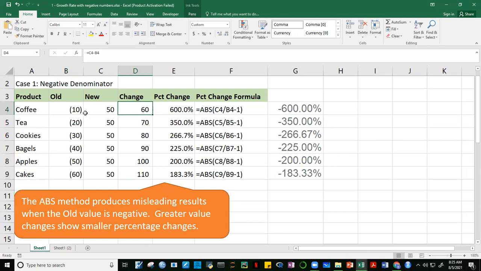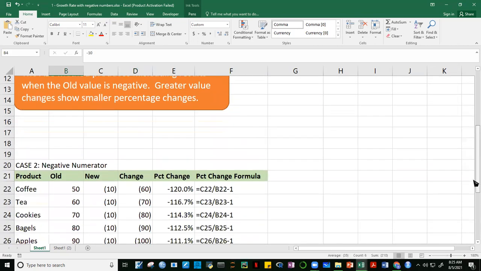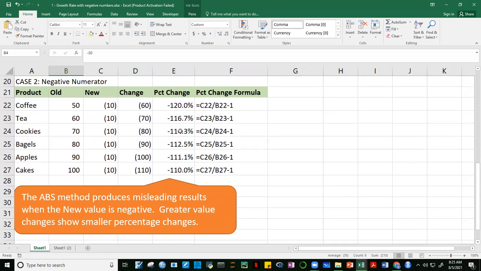Okay, that's the problem, guys, when you have a negative either the old dito sa ilalim, sa new naman, no? Ang new dito yung negative. Okay, if you take a look at this, yung change nito, yung decrease from 50 to negative 10, that's negative 60, no?